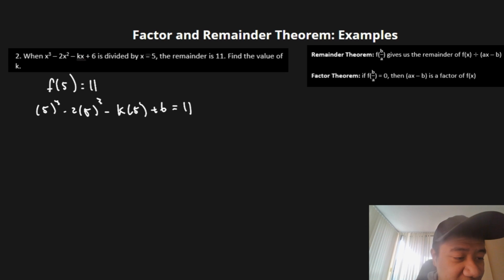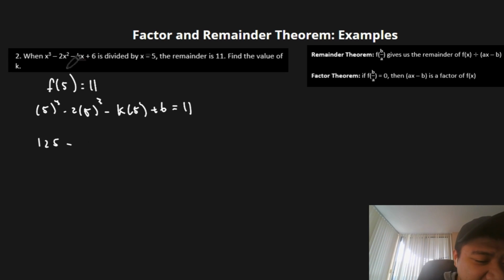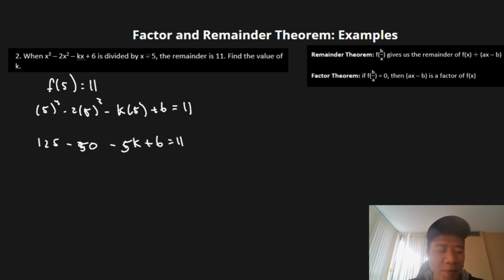Okay, so then we can just simplify all this stuff. 50, minus 5k plus 6 equals 11. If you notice, we have an equation here with a bunch of numbers and one variable, k. So if we collect all our like terms and solve this just like we usually do, then we can determine what k is.